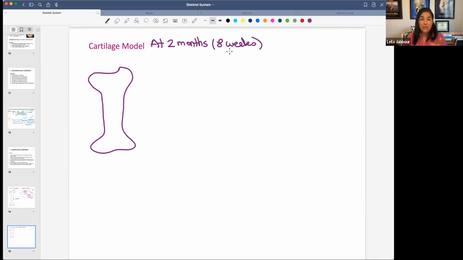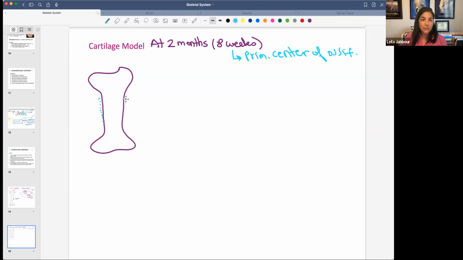This is an embryo that is just cartilaginous. At 2 months in utero, what we have is a primary center of ossification that starts building up. And it happens right here in the center of the diaphysis.